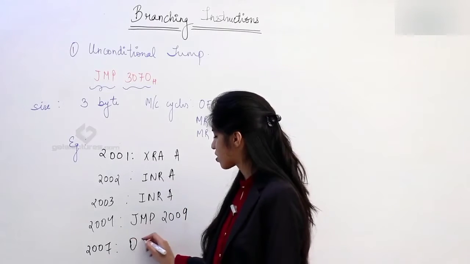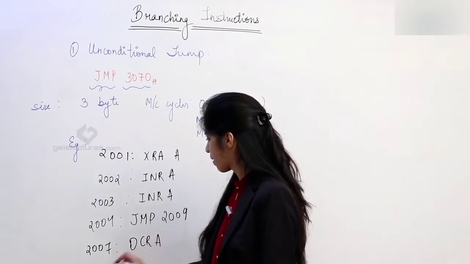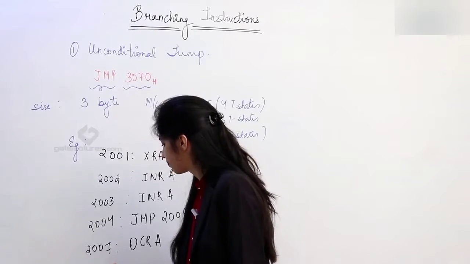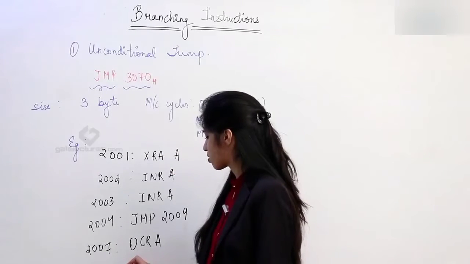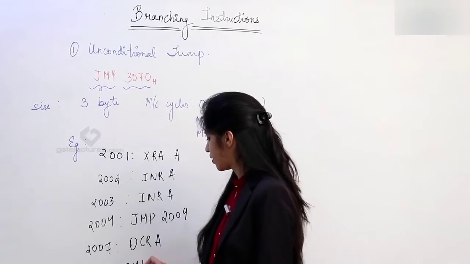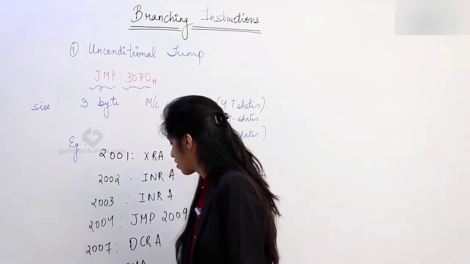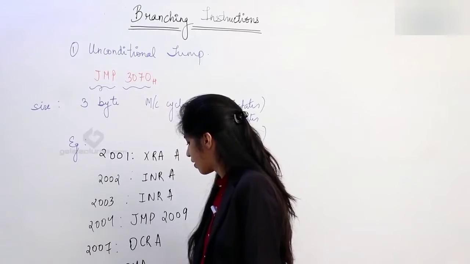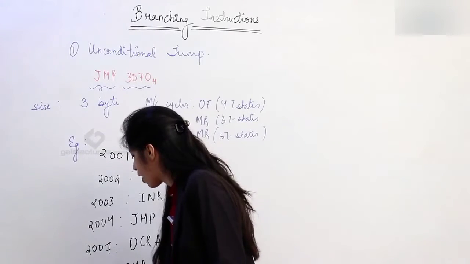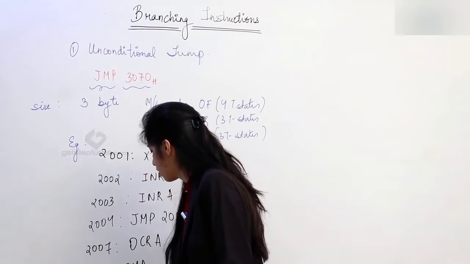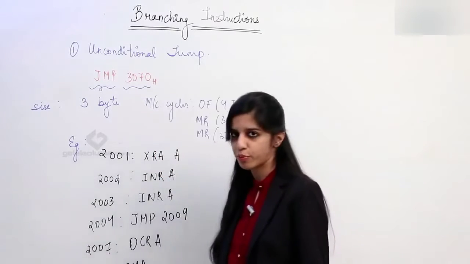Suppose this had the instruction DCR A. Then we had some instruction, say complement A. And at 2009 you had INR A, and then finally you had halt. Halt means end of the program.